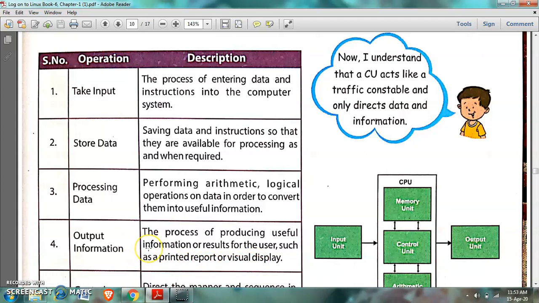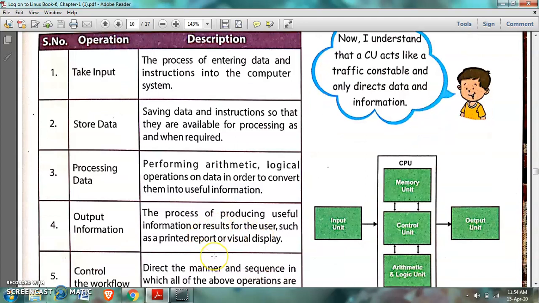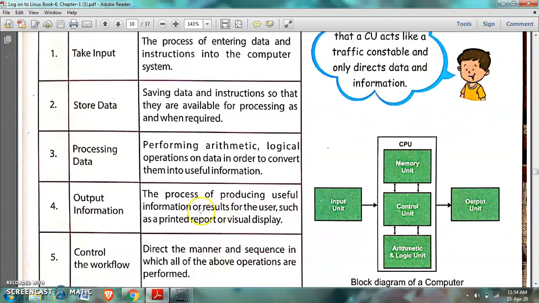This work is also common to all computers, because whatever you are giving to the computer, the instructions or the data, through input devices, is stored in the CPU. It is processed by the CPU, then it is converted into results. The result can be in printed form or in visual form. So this is a common task done by all types of computers.